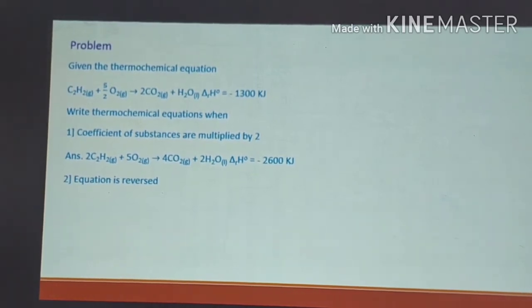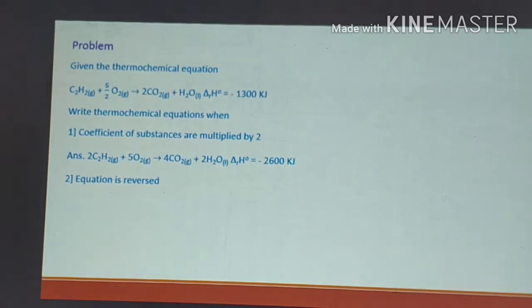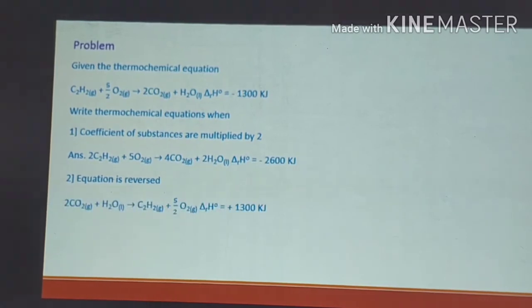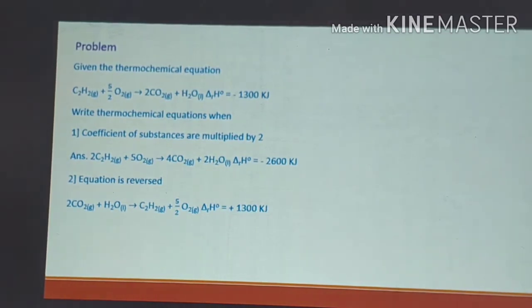What will happen to the thermochemical equation if the equation is reversed? Here C2H2 is undergoing combustion, but in the reverse reaction CO2 and H2O will combine to form C2H2 and 5/2 O2. Here we are reversing the reaction. So for the delta H naught value, the magnitude should be kept the same, that is 1300 kilojoules only.